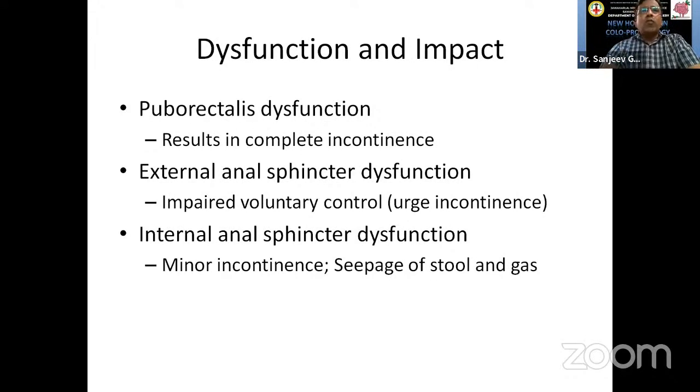However, voluntary control would be difficult. Internal anal sphincter dysfunction usually does not lead to incontinence, as we do lateral sphincterotomy surgeries and have seen that they don't lead to incontinence. However, it can lead to minor incontinence in terms of seepage of stool or gases.